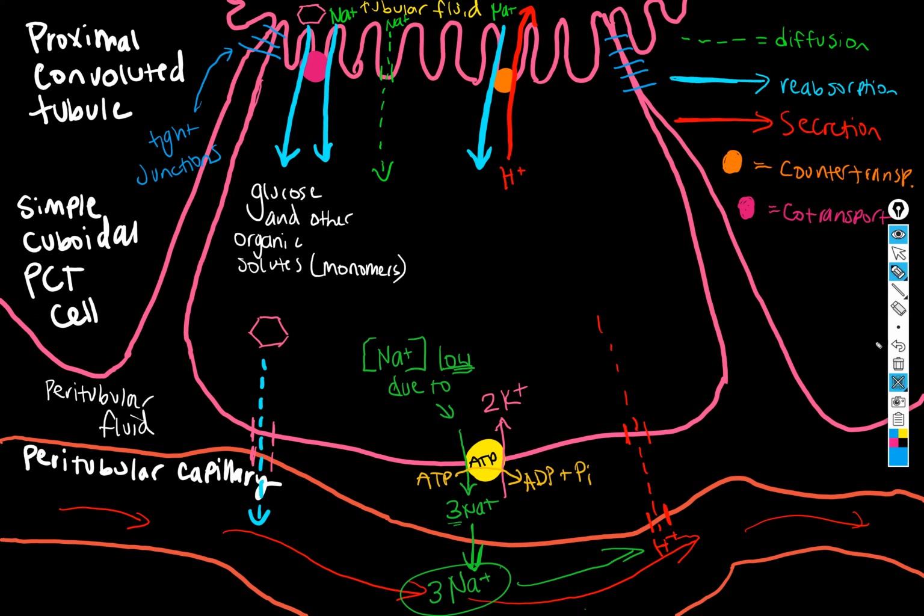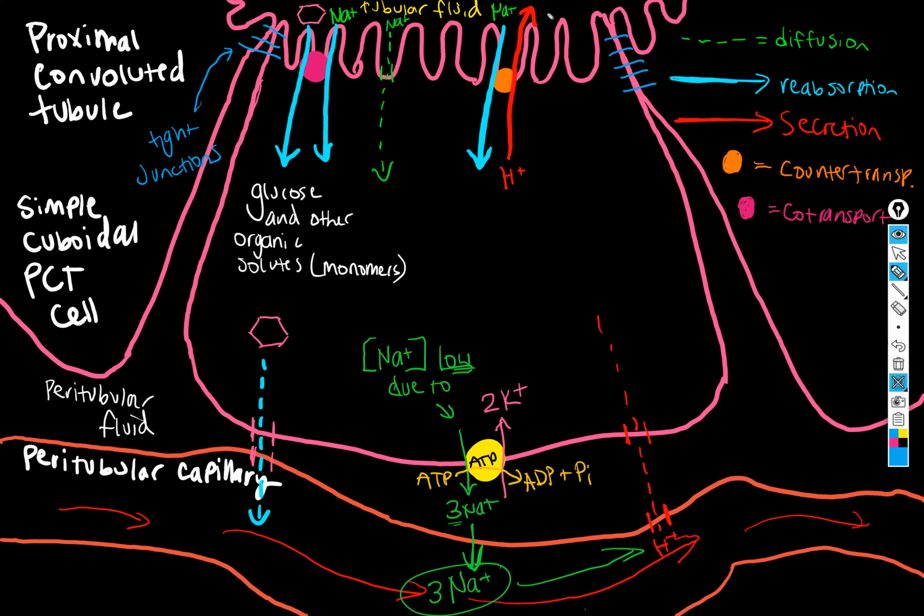So if we know that the filtrate comes from the blood, we can assume that blood buffering stuff happens in the filtrate as well. So we're going to have basically conversion of bicarbonate and a proton. They'll associate into carbonic acid, and that'll then get pulled apart into CO2 and water in the tubular fluid.